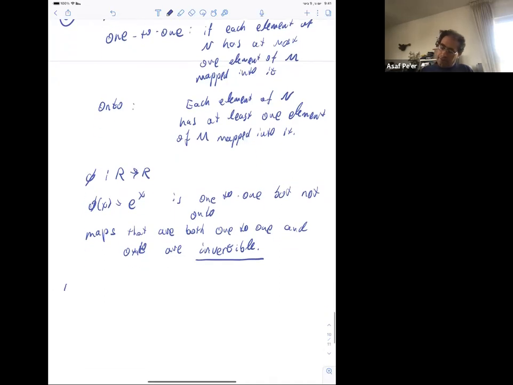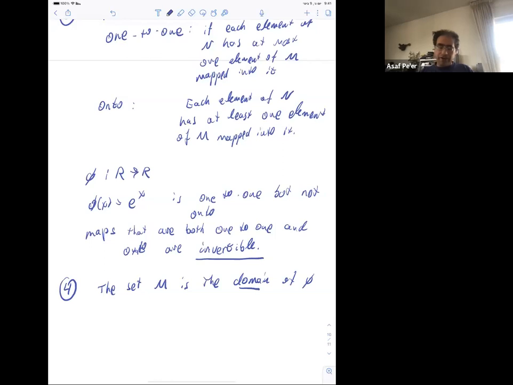Now, given a map phi, the set M is called the domain of phi.